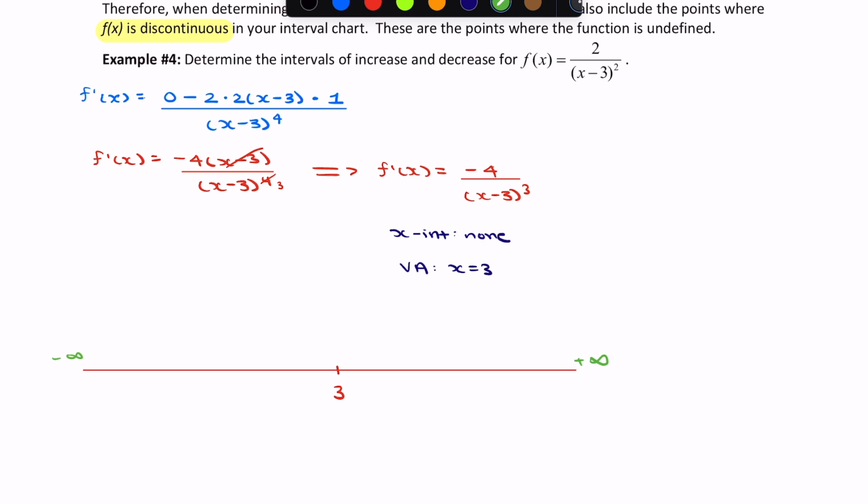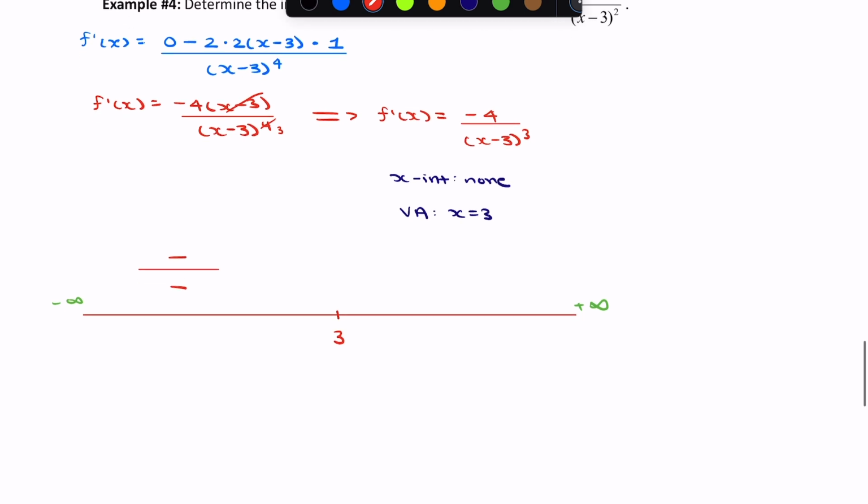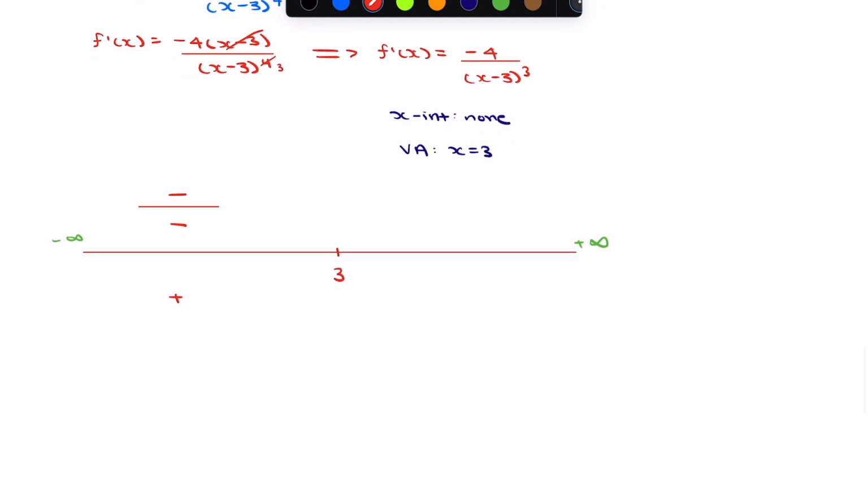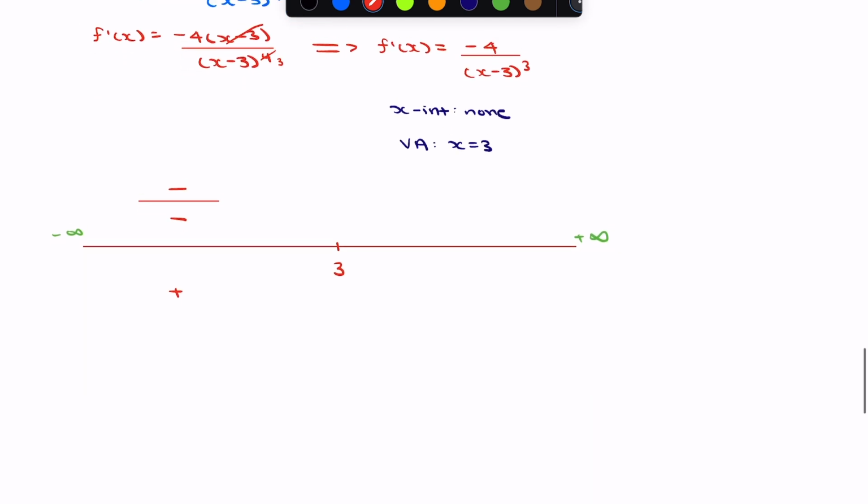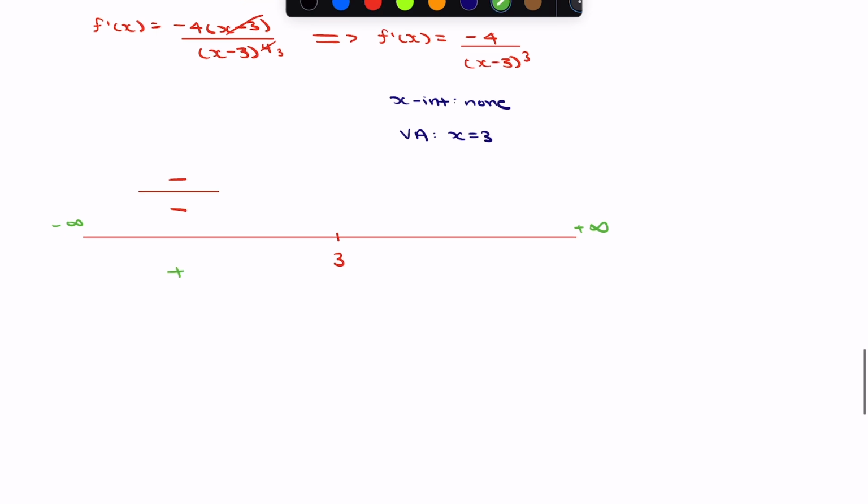So -4, so negative at the top. And then the denominator, if we sub in 0, 0 minus 3 to the power of 3, still be negative. So negative over negative is positive. Means that here, f of x would be increasing.